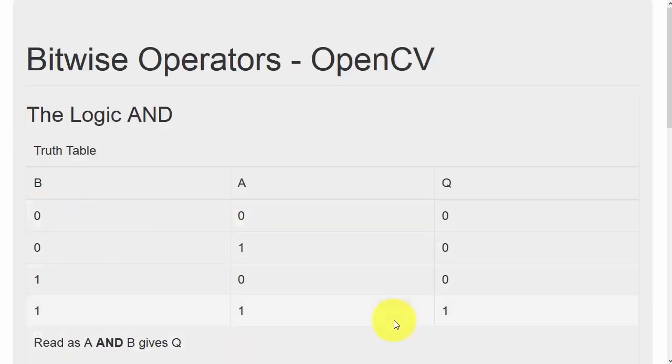This is the truth table of logical AND, and if input A and input B are 0, then we get the result 0. If either of input A and input B is 0, then also we get 0, right? The result 1 we will only get when both the inputs are 1. So when A and B are 1, only then will we get a 1 in case of AND logic.